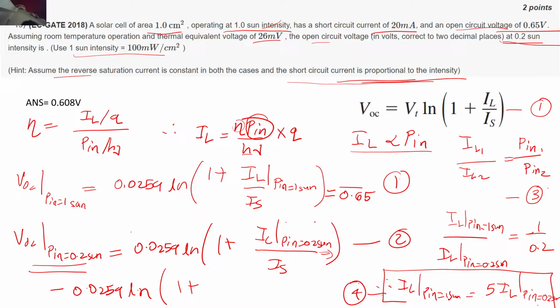So IL at P_in equal to 0.2 sun is 0.2 into IL at P_in equal to 1 sun, divided by IS, correct?